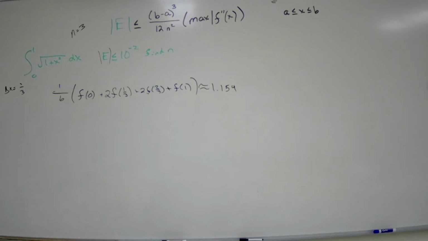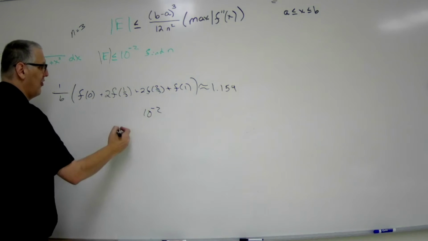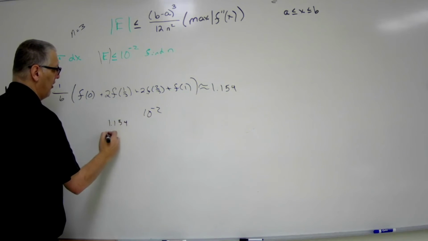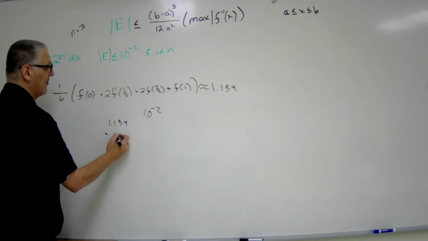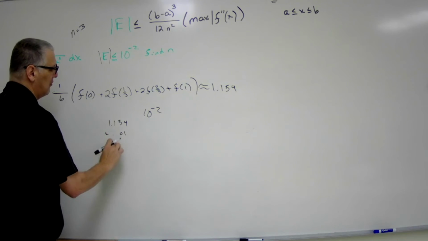All right. 1/6 positive. All right. Now my error was in 10 to the negative 2, right? So I need to do 1.154 plus 0.001 or 0.1. Come on, y'all help me out. 0.1.